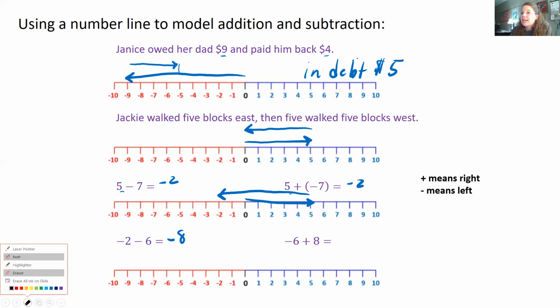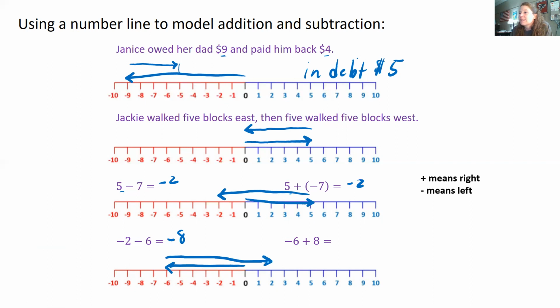This one tells us to go left 6 to start with, left 6. And then this says, actually, we're going to go right 8. So what do we land on? We land on +2. So you guys are going to look at number lines to model addition and subtraction and other real world examples.